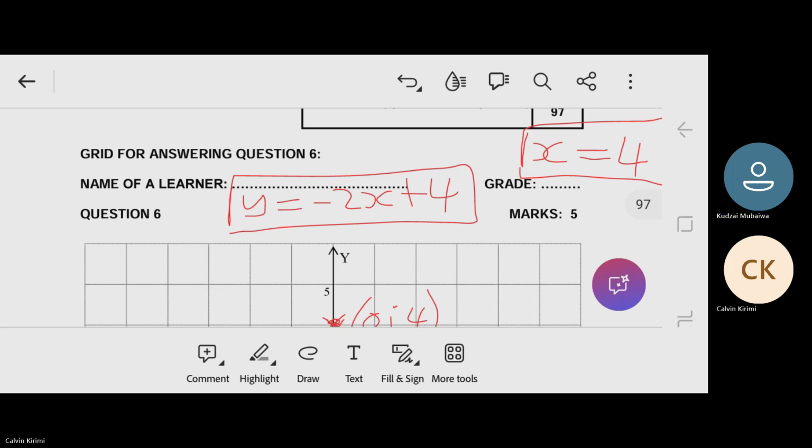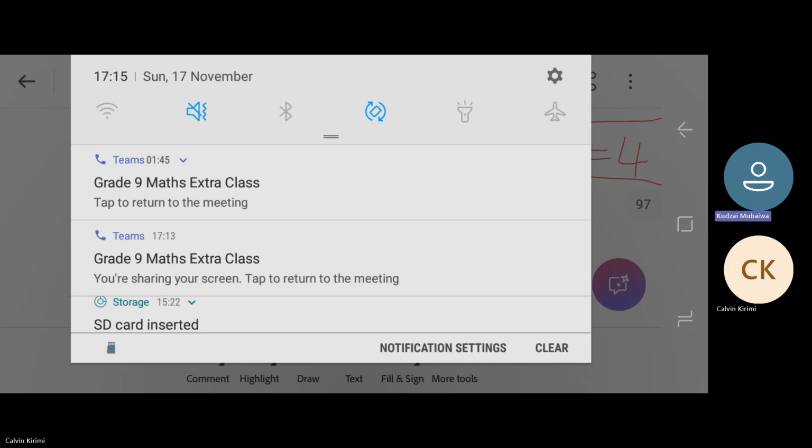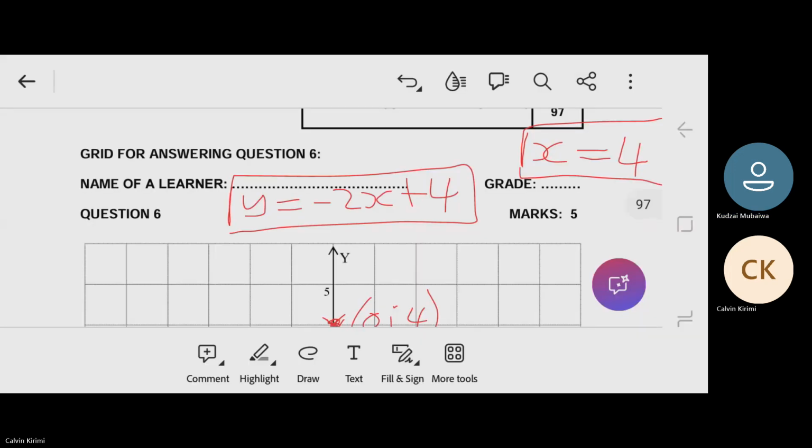Are you seeing something on the screen? No, sir. Can't see the screen. Yes, sir. It's now fine.